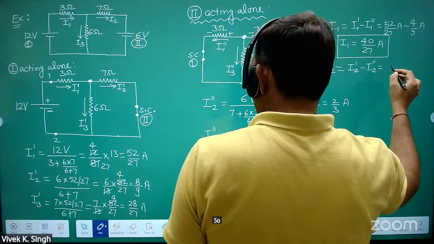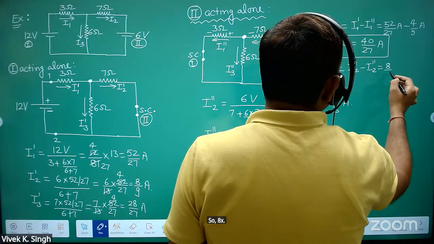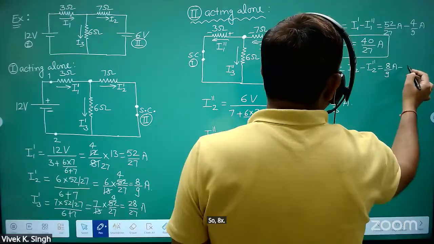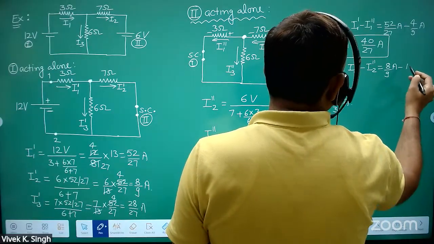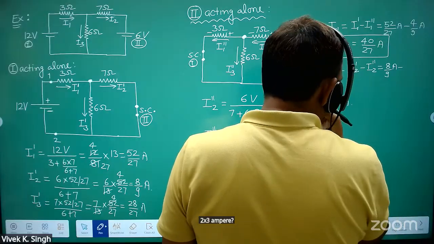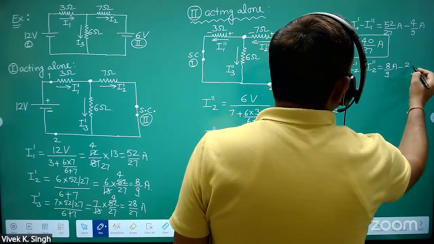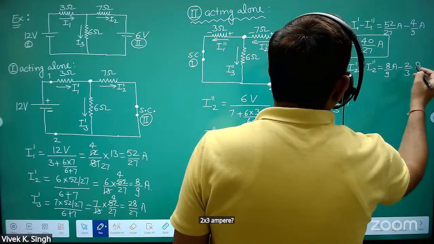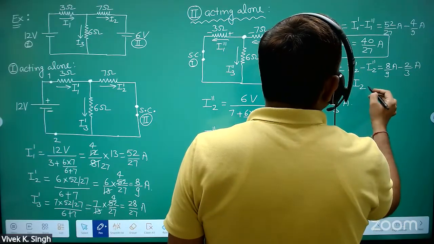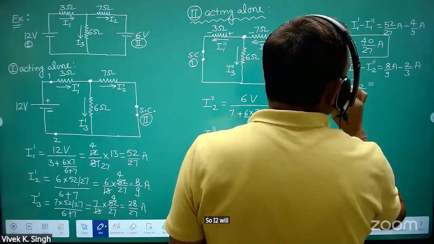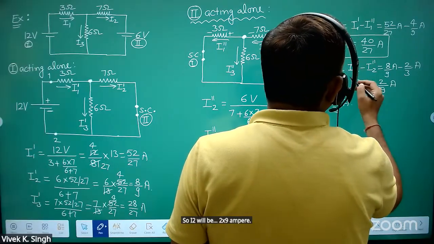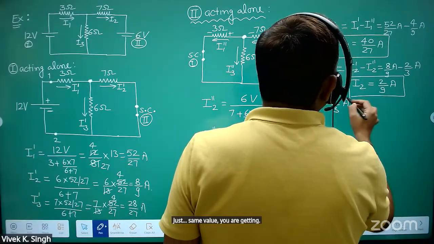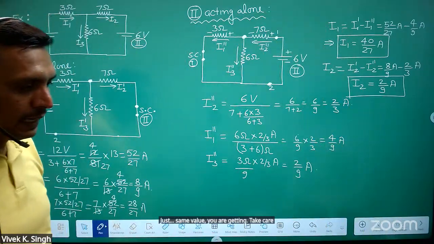So 8 by 9 ampere minus 2 by 3 ampere. So I2 will be 2 by 9 ampere. Just see. Same value you are getting. Okay? 2 by 9 ampere.